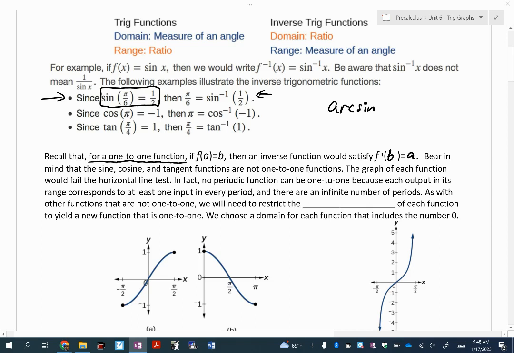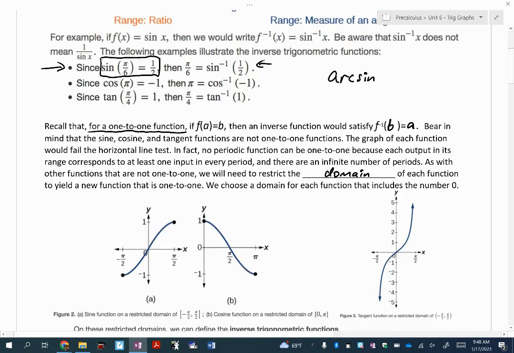But if you think back to the first lesson of this unit when we graphed sine, cosine, and tangent, they're not one-to-one functions. So to get around this, we restrict the domain of each function to certain x values, and that will allow us to focus on a one-to-one function.